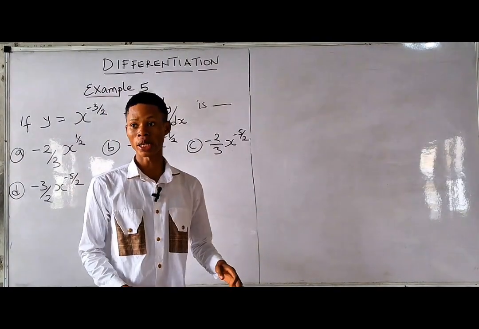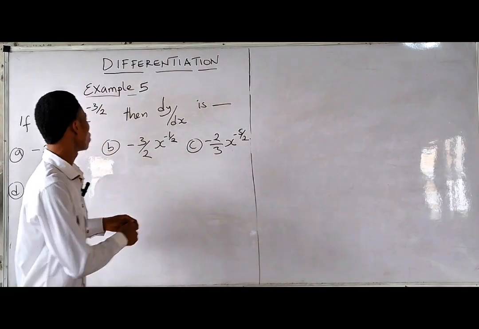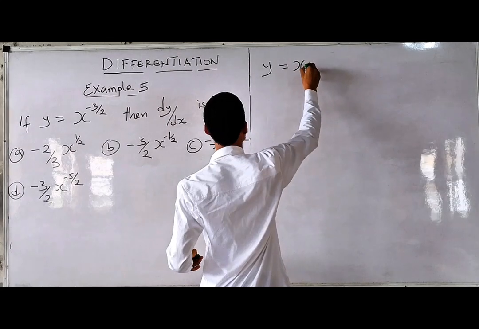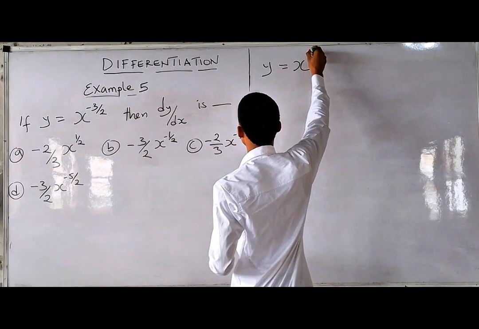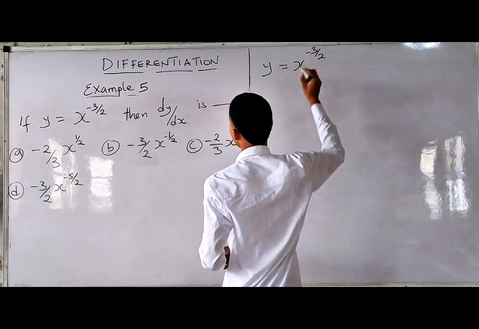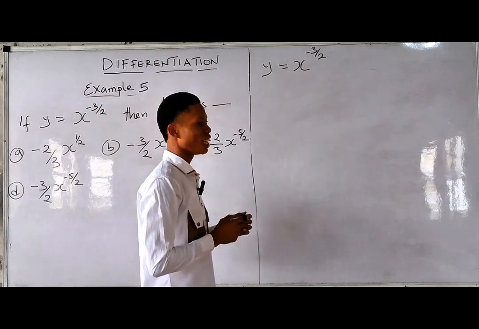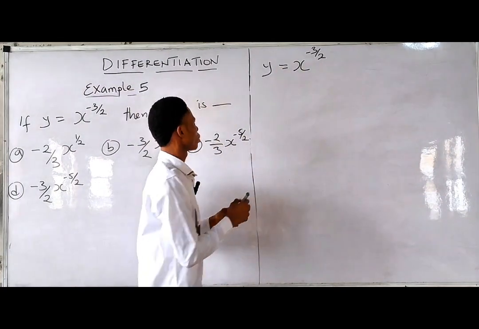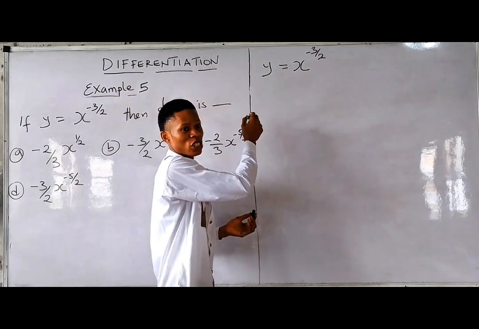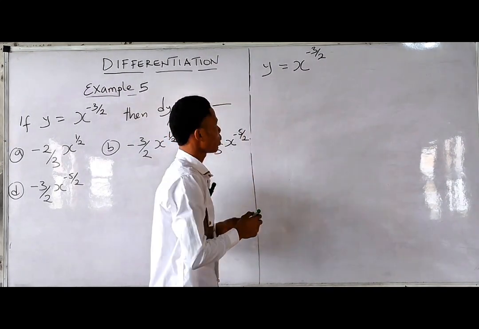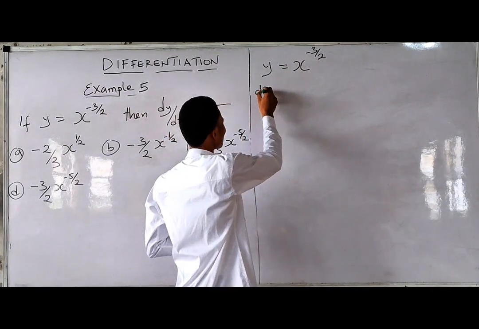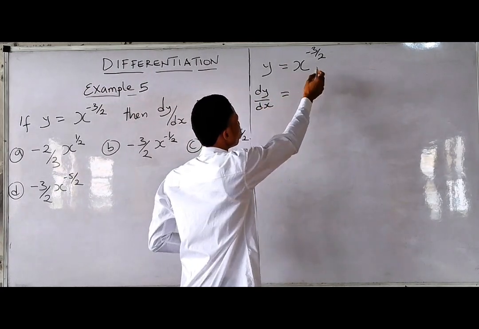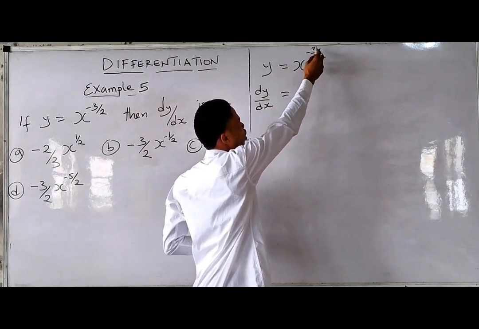Let's solve this together. Now the question says, if y is equal to x raised to power minus 3 over 2, then dy over dx is what? If we are asked to solve this, dy dx, meaning we are differentiating y with respect to x, right? So anything you have here as power, you bring to the side.